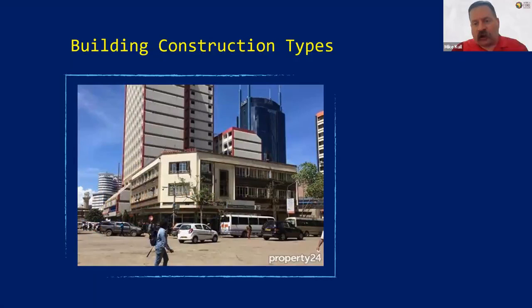Whole bunch of different building construction types. We're going to look at building construction next week, so I'm not going to get into that too much, but that certainly is part of your scene size up. What type of construction do you have? And you get a wide variety, right? You've got commercial buildings made out of non-combustible materials, lots of concrete and steel, down to small tin shacks or shanties, anything in between.